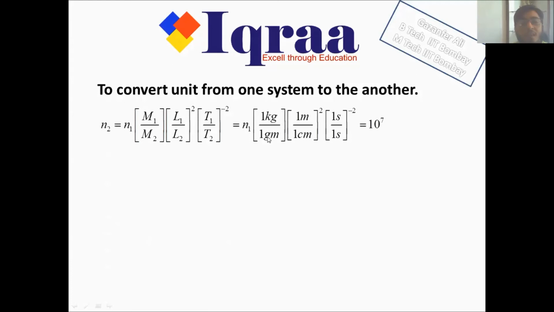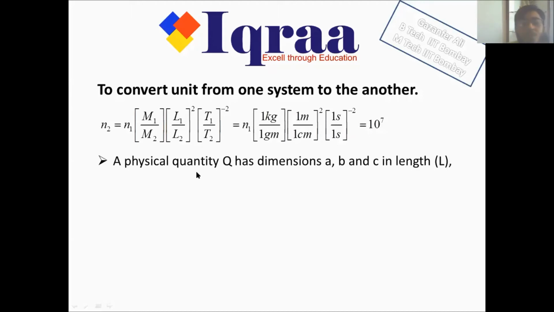In CGS and SI system, we know SI system mass is 1 kilogram, CGS 1 gram, SI system length is 1 meter, CGS 1 centimeter, and we substitute this and we get 1 joule is 10 to the power 7 ergs.